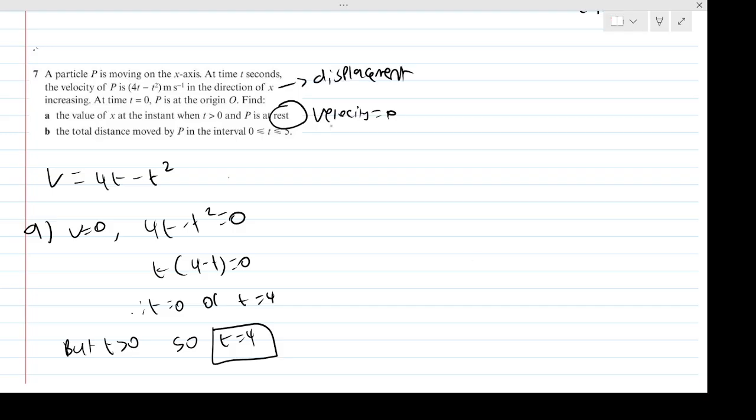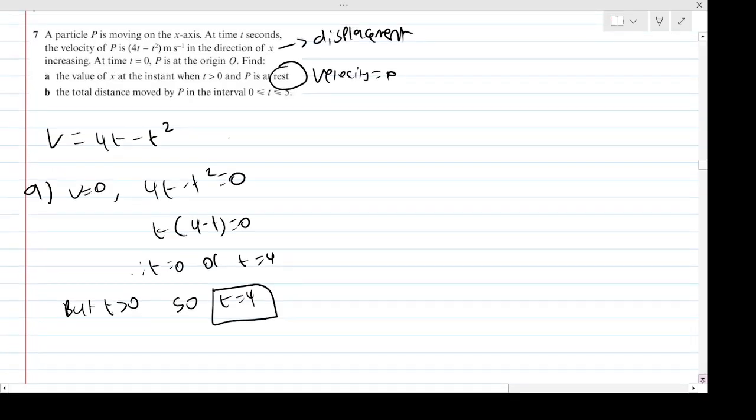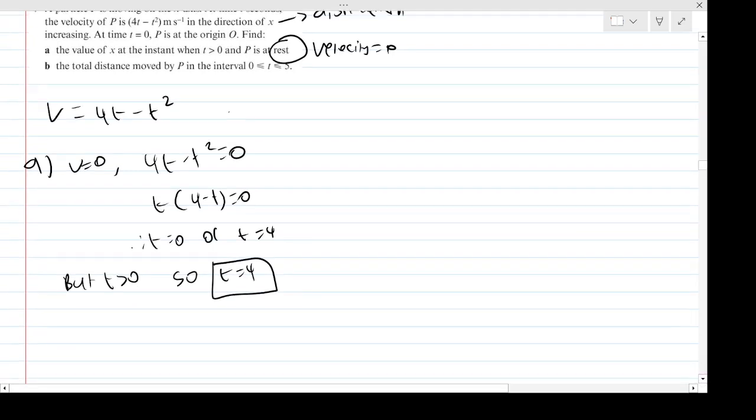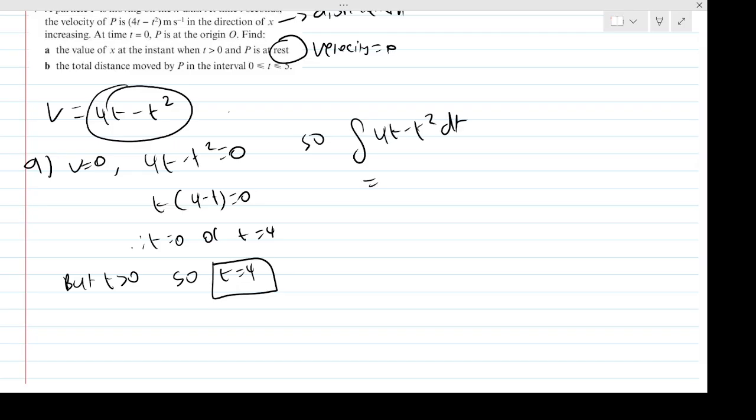Okay, so we need the displacement, but we've got the velocity, so we're going to need to integrate this. So if we do that, 4t will go to 4t squared, then divide by the power 2. Then minus t squared will go to minus t cubed, then divide by 3. And then add my plus c on at the end.